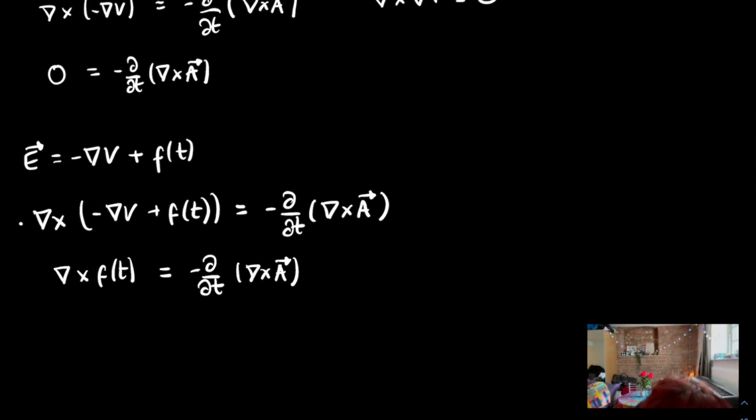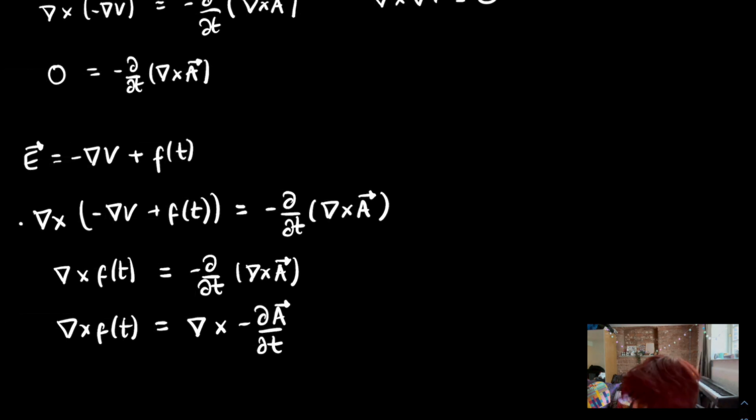And so we get that the curl of f is equal to the curl of minus dA by dt. Now we just have curl of two different things. And so if we remove the curls, we get that our mystery function f is equal to minus dA by dt right here.